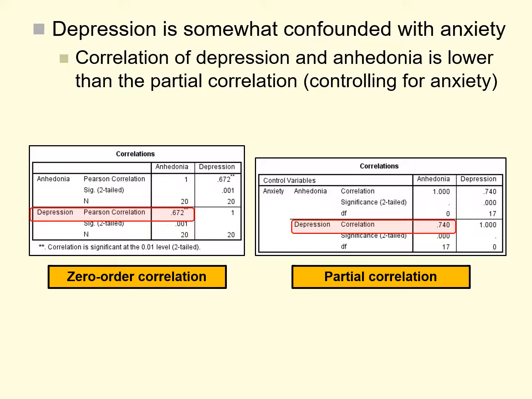So this is kind of like our classic kind of hint that there could be a sort of suppression type effect, because if we just look at the zero order correlation between depression and anhedonia, it's about 0.67. And if we look at the partial correlation, where we're controlling for the effect of anxiety on both depression and anhedonia, the correlation is about 0.74. Not a big difference, but a somewhat big difference.